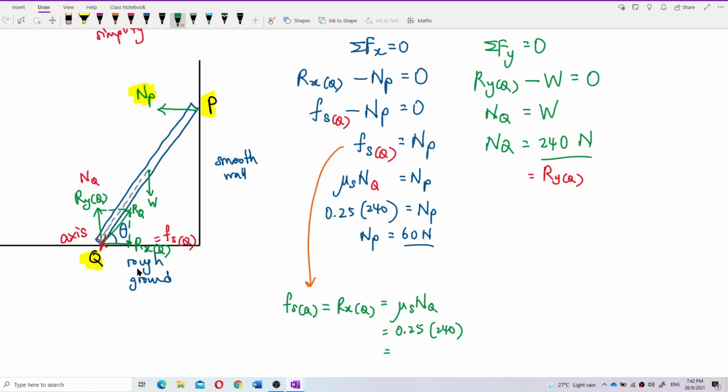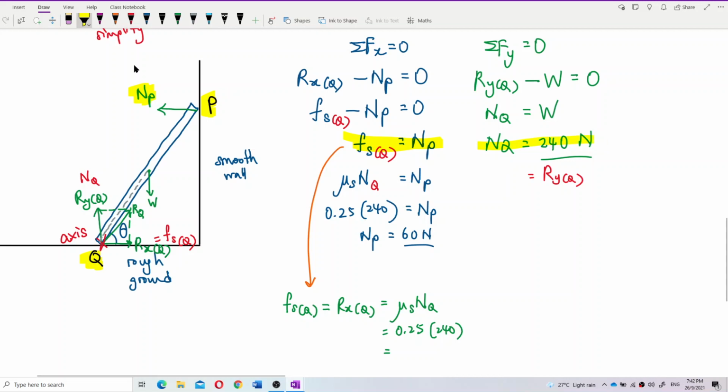So just now, what do we get? Actually the friction is the normal force for P. Oh, sorry. It's actually the same as the normal force for P, the friction.